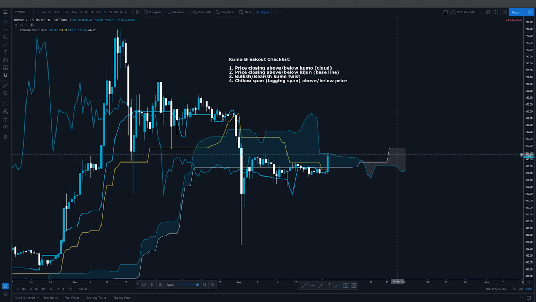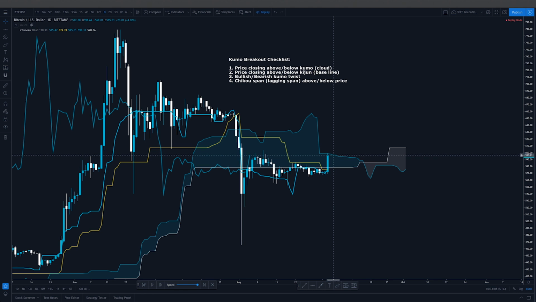Now, I want to take note of the last rule, rule number 4, Chikou span being above or below price. Why do we care about Chikou span so much? Well, if you remember, it's price plotted backwards 30 periods. Now, what can we say about price if it's in the same spot as it was 30 periods ago?